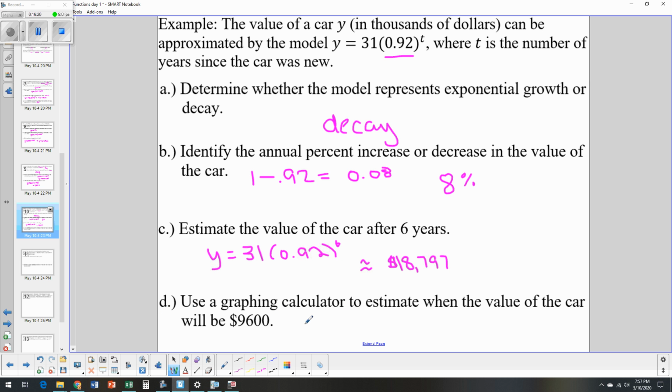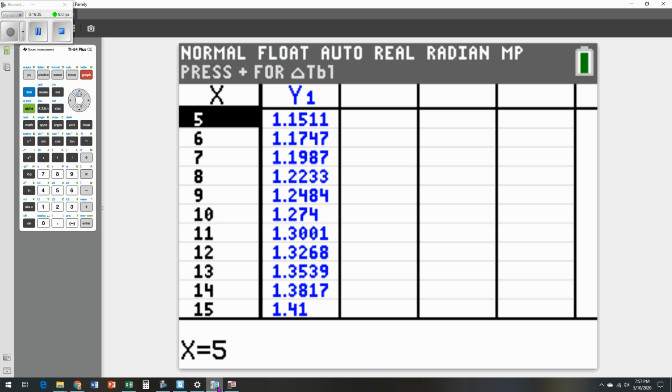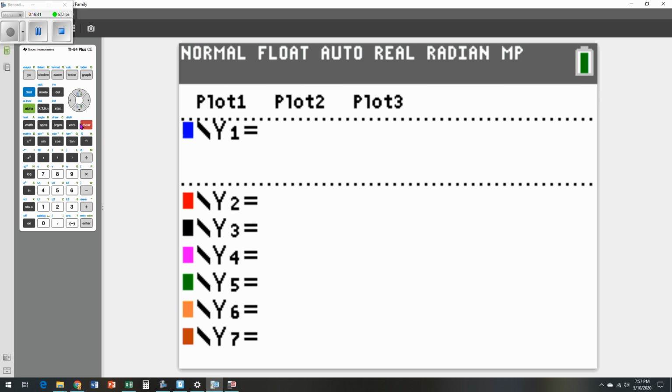And D, use a graphing calculator to estimate when the value of the car would be 9,600. So 9,600 in terms of thousands is really 9.6 thousand. So I'm looking for when the value of the function is 9.6. I'm going to go back to my graphing calculator, clear out my original equation, and type in my new one.